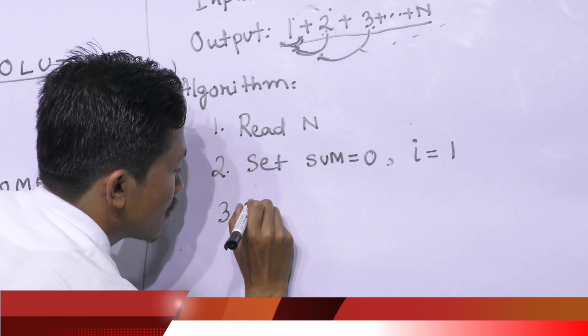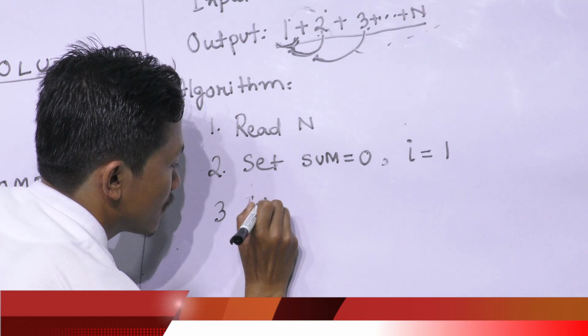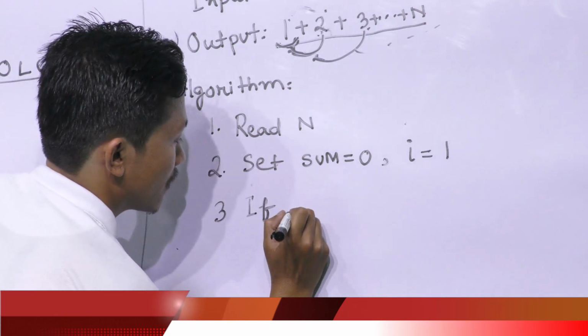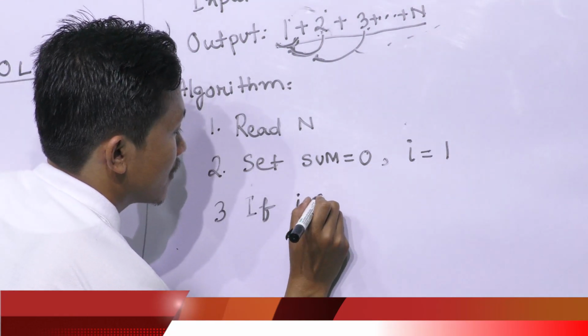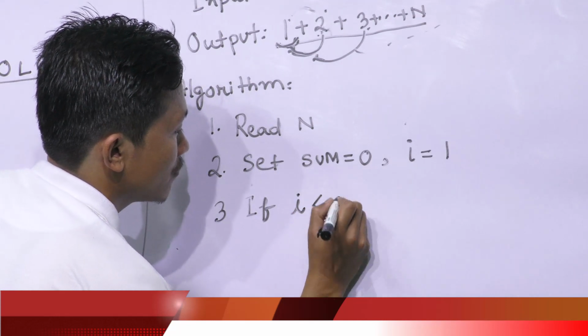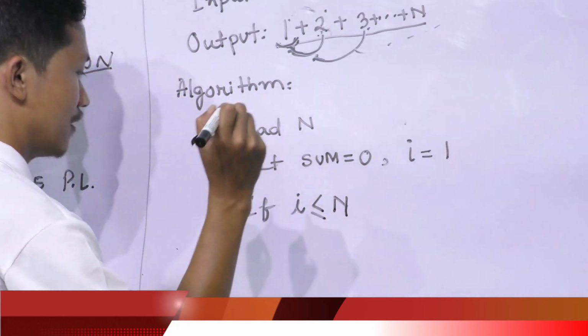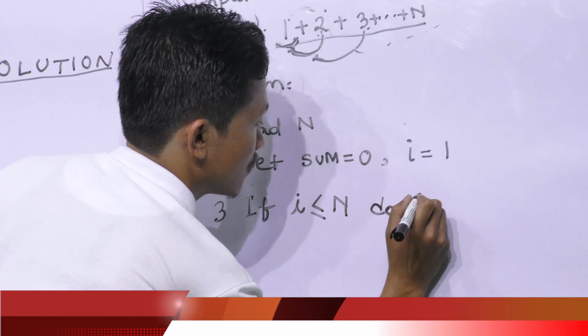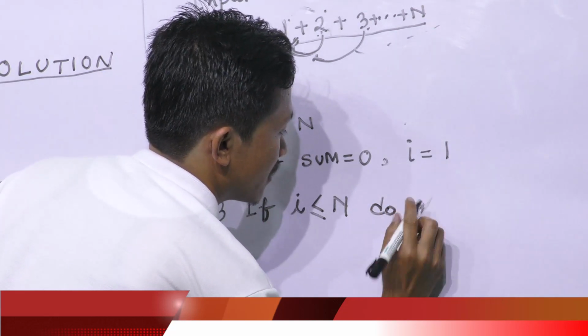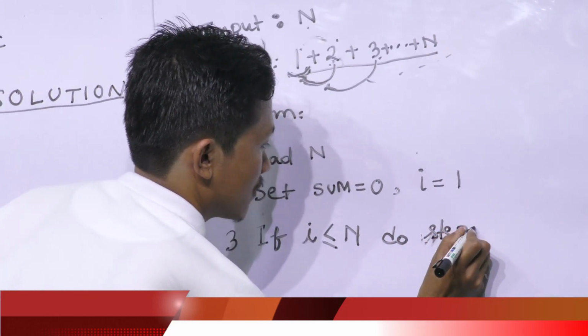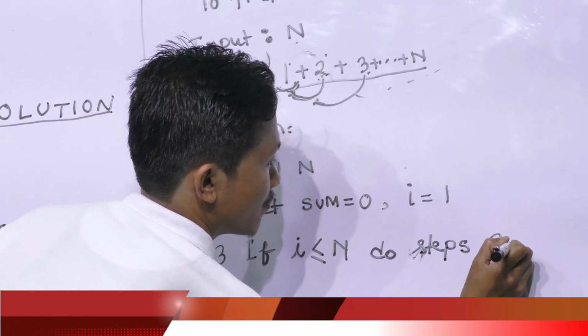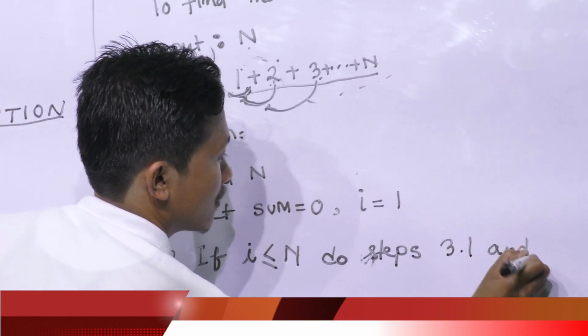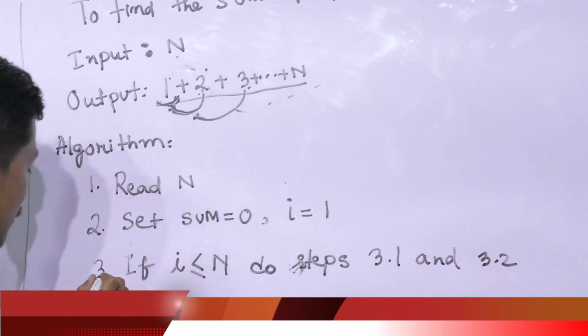So if I is less than or equal to n, do steps 3.1 and 3.2.